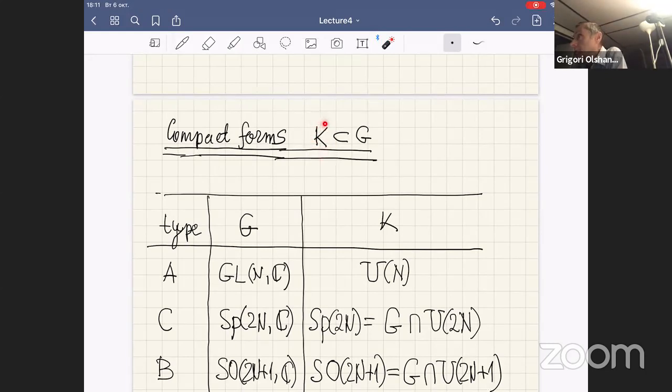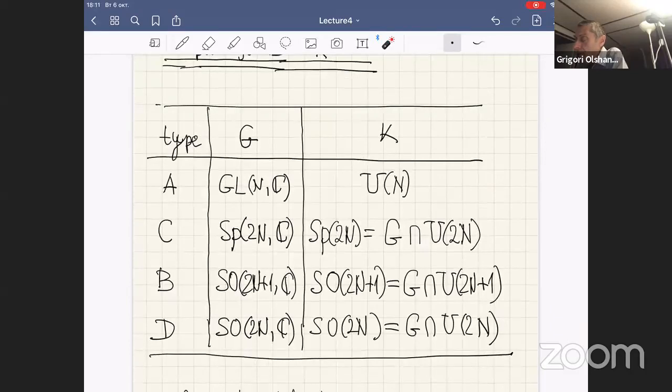The reason is that some features of the theory become easier if we are dealing with compact groups. We will see shortly why. So what is this K? This is the so-called real form, which is compact. Its Lie algebra is a real form of the Lie algebra of G.